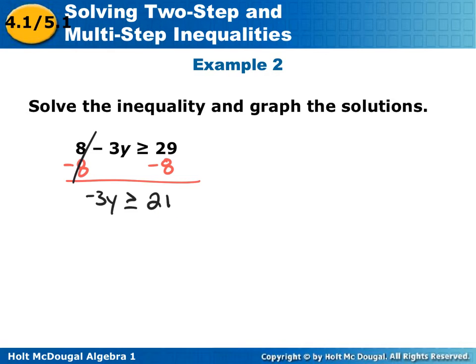What I generally do to remind myself of this, I'll highlight the step that I'm dividing by a negative number. I will highlight my sign to remind myself, hey, that means when I write this, it's not going to be y is greater than, but it's going to be y is less than or equal to. And then your rules still apply like always. Positive 21 divided by negative 3 becomes negative 7.